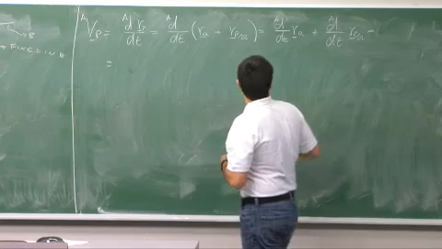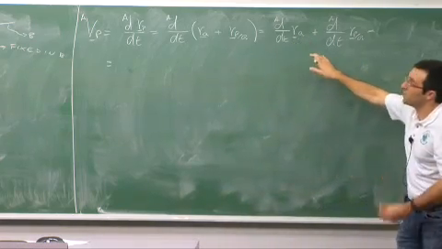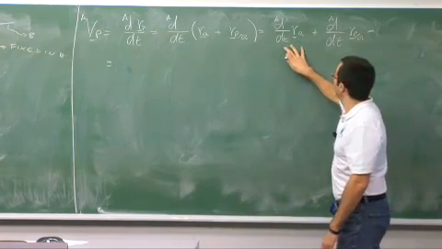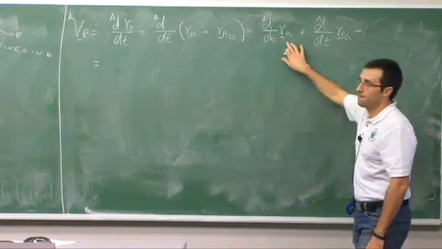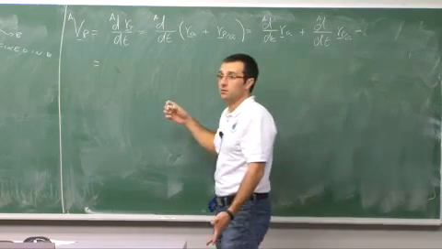What can I call this term here? What is actually this term here? d dt in A of RQ. Translation velocity. It's the velocity of Q in A.